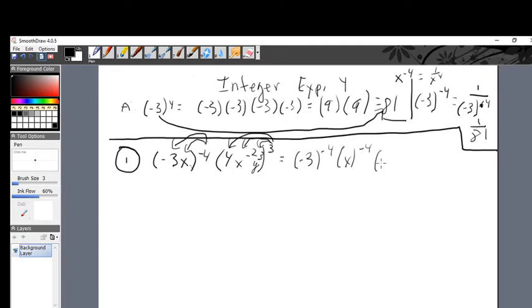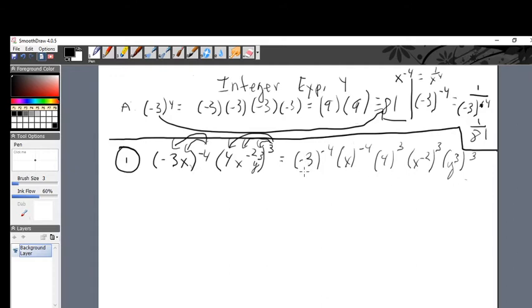This 4 is going to be taken to the positive 3 power. This x to the negative 2 is going to be taken to the positive 3 power. And this y to the 3 is going to be taken to the positive 3 power. This 3 power belongs to all its members, and this negative 4 belongs to its two members. There they are, right over here on the right-hand side.